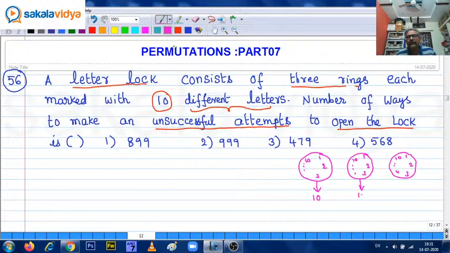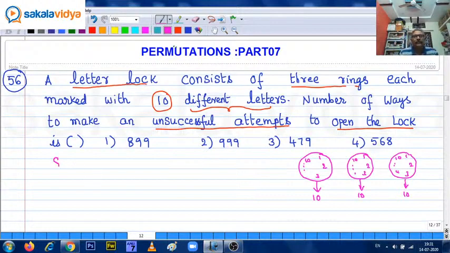The total number of ways is 10 into 10 into 10. But out of this, we have only one successful attempt to open the lock, and we are asked for unsuccessful attempts. That means total number of attempts minus the successful attempt, so 1 needs to be subtracted.